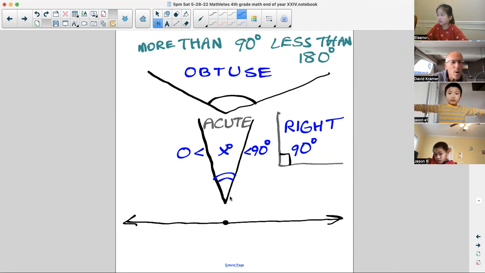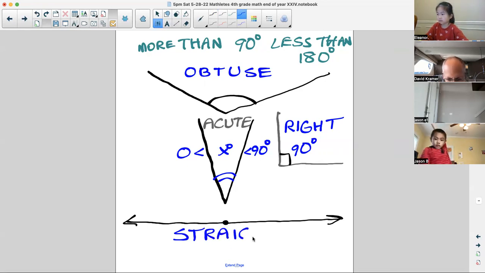Say it out loud. It's a straight angle. Everybody say it. Straight angle. So I'll show you how the word is written: straight angle.